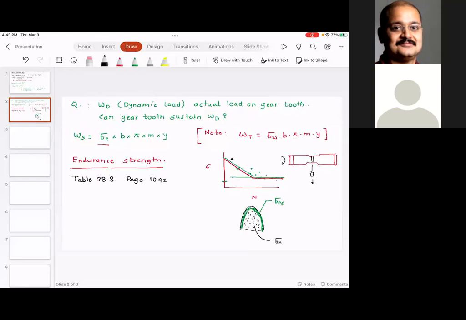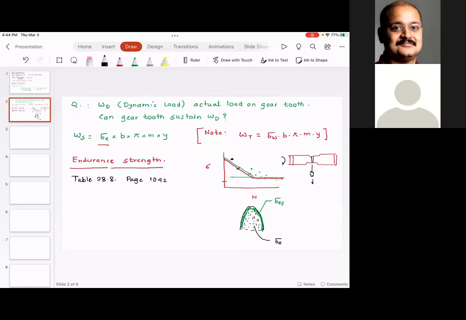I would strongly recommend that you quickly look at that table because it can be confusing. If you have the textbook, please open the textbook, hard copy or soft copy, and look at table 28.8 on page 1042. Now, one thing I want you to observe. Look at page 1043, which is the page right next to it.